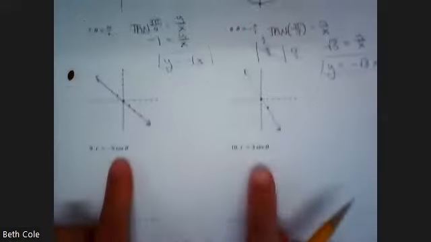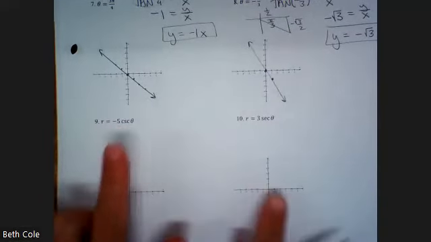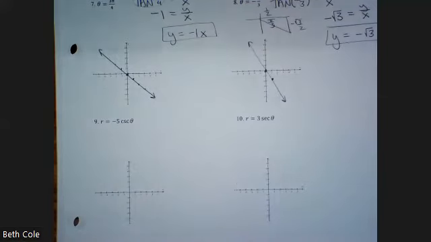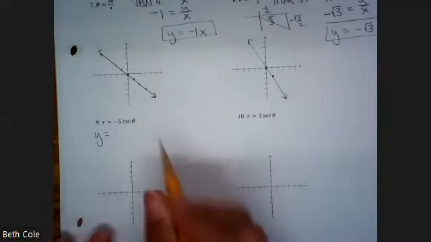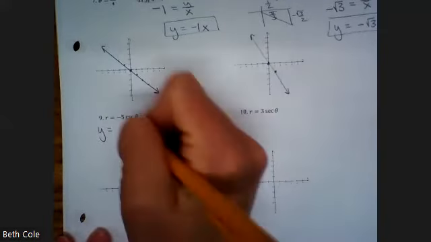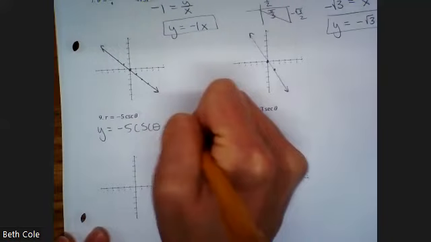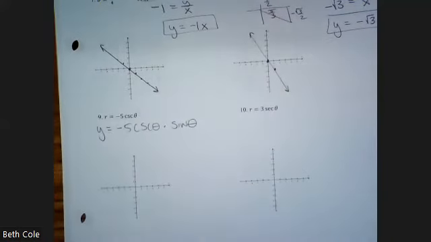All right, and then if you have a secant or a cosecant, it's going to be either a vertical or a horizontal line. We're going to use these right here. For number 9, we're going to use the y equals. It's y equals r times sine theta, and this is r. So it's that times sine theta. Do you remember what we did with that?